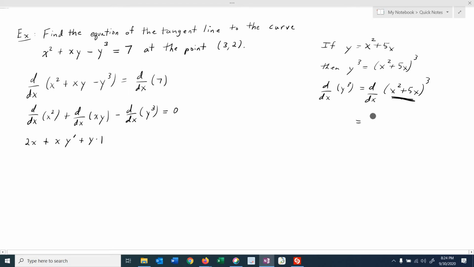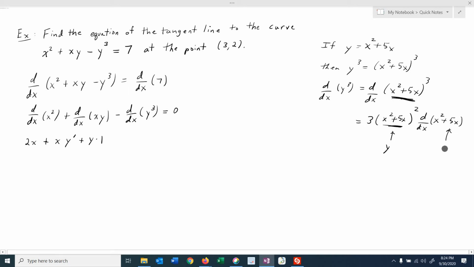So the outer derivative would be 3 times (x squared plus 5x) raised to the second power. The 3 comes down and you subtract 1 from the power. That's your outer derivative, and then your inner derivative would be the derivative of this inner function. You can use this to help you understand what the derivative of y cubed would be with respect to x, because this is simply y.